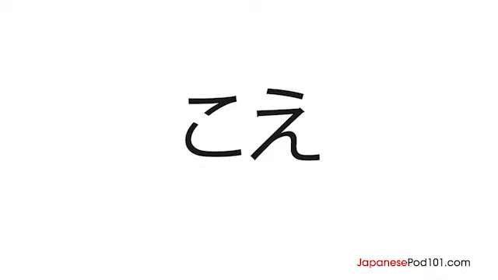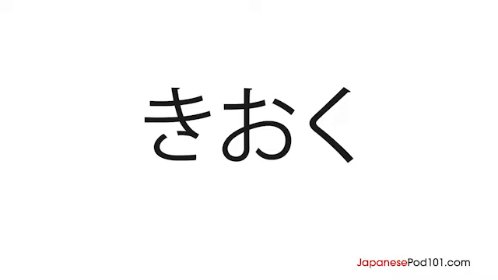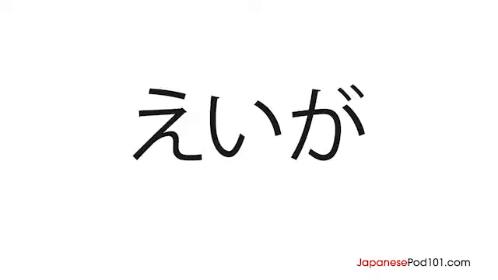Koe. Koe is voice. Kagi. Kagi means key. Don't forget it. Koku. This means memory. Make sure not to forget this one as well. Eiga.